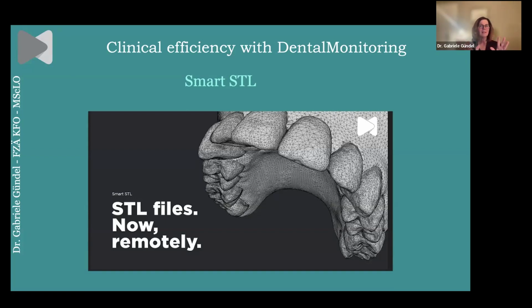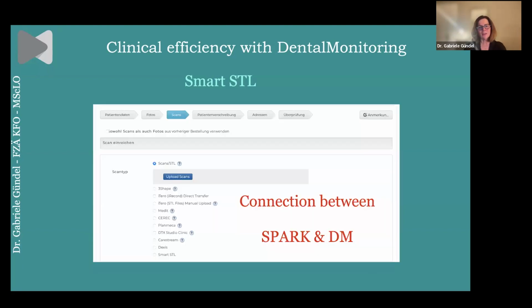Do your scan and give it to us, and then we can connect in the Spark Approver the Smart SDL from dental monitoring with our Approver, and we can work with this scan easily and properly. In the same way, we can work with our scans made in our offices. And this is really a huge advantage.